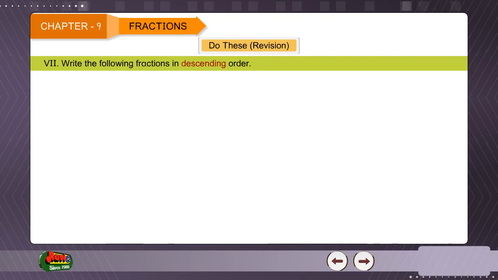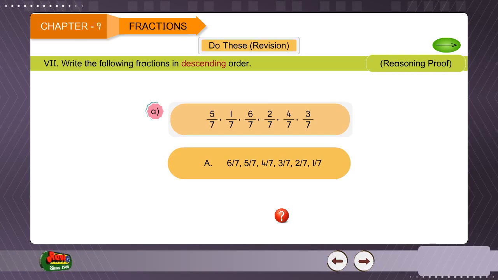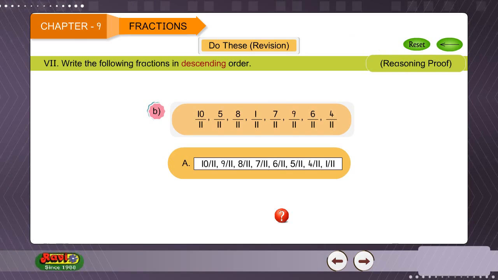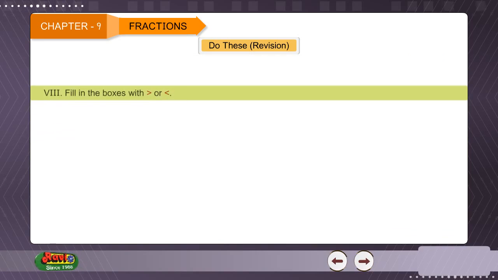Write the following fractions in descending order. Reasoning proof. 8.